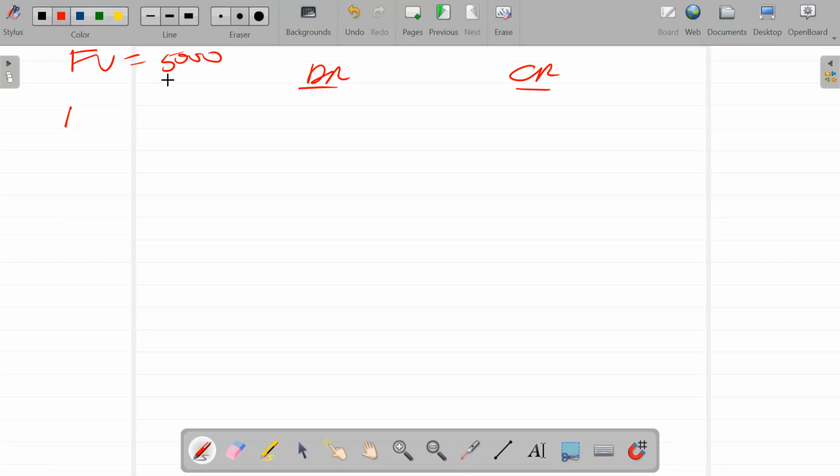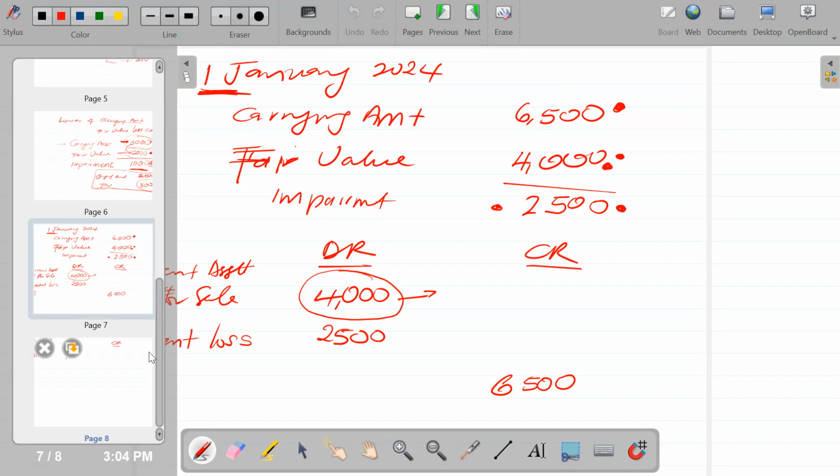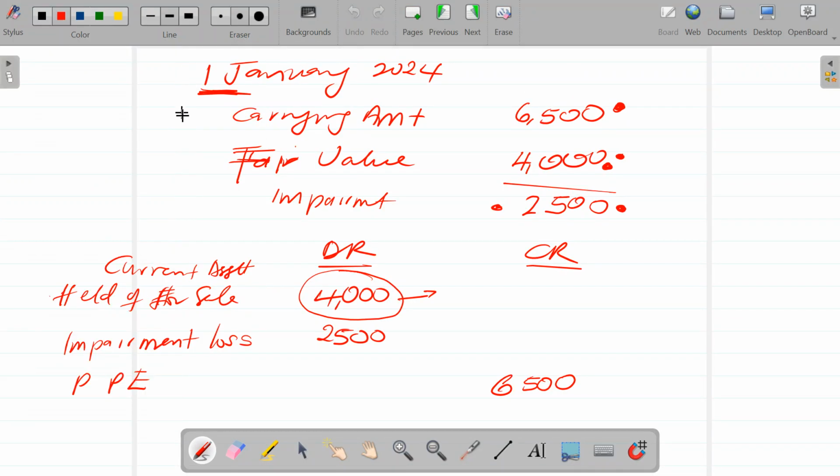So it has increased by how much? A thousand, right? So it means the non-current asset held for sale, we will debit it by a thousand, like we are increasing it. We are increasing this 4,000 by a thousand.